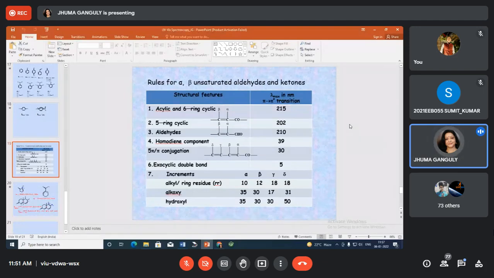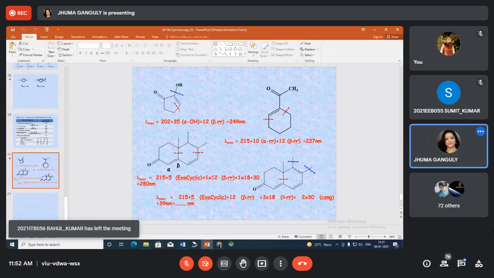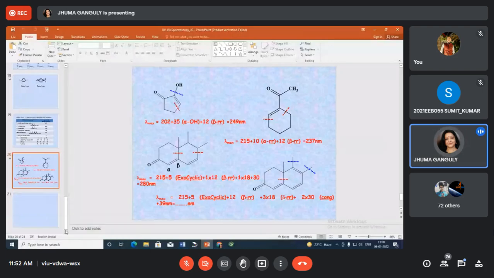So the Woodward-Fieser rules, another rule for unsaturated aldehyde and ketone, and then up to this, and then we will go through some features, explain-why type questions. After that, I will close UV spectroscopy and go to the next topic, reaction mechanism. So probably in the next practical class on Wednesday I will complete this one and then go to reaction mechanism on Thursday.